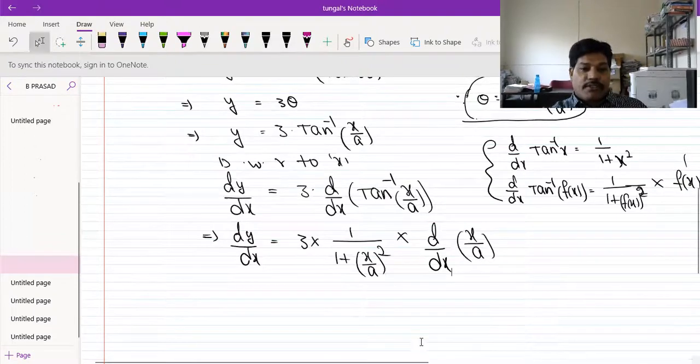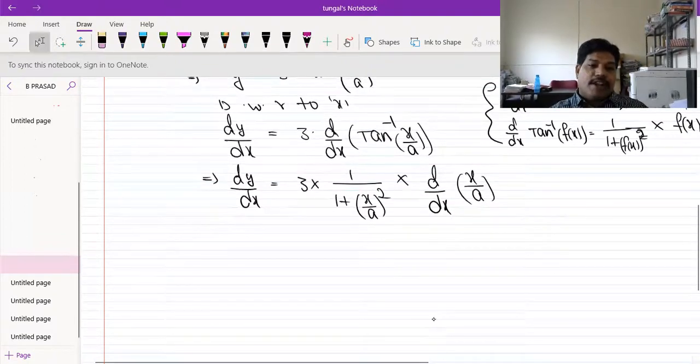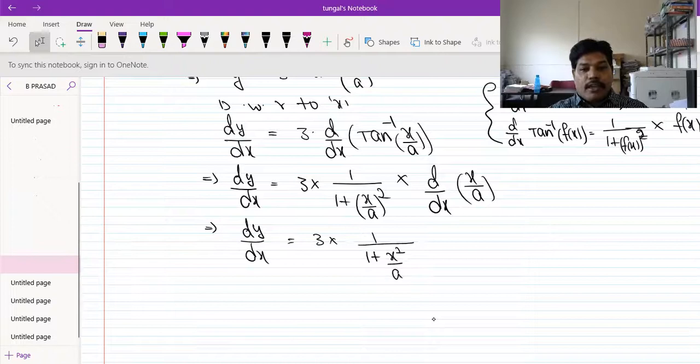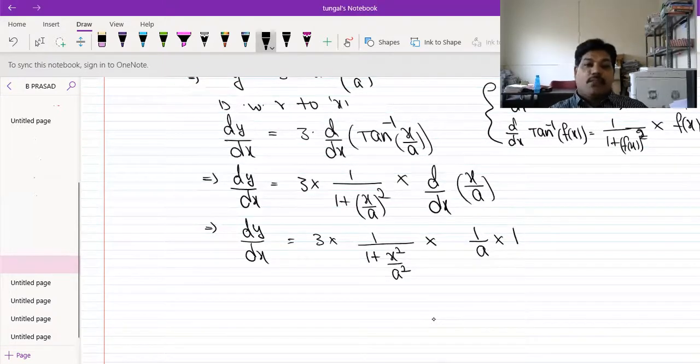That implies dy by dx is equal to 3 into 1 by, it is nothing but 1 plus x square by a square, into, what is the derivative of x by a? The derivative of x by a is nothing but 1 by a into the derivative of x, which is 1.